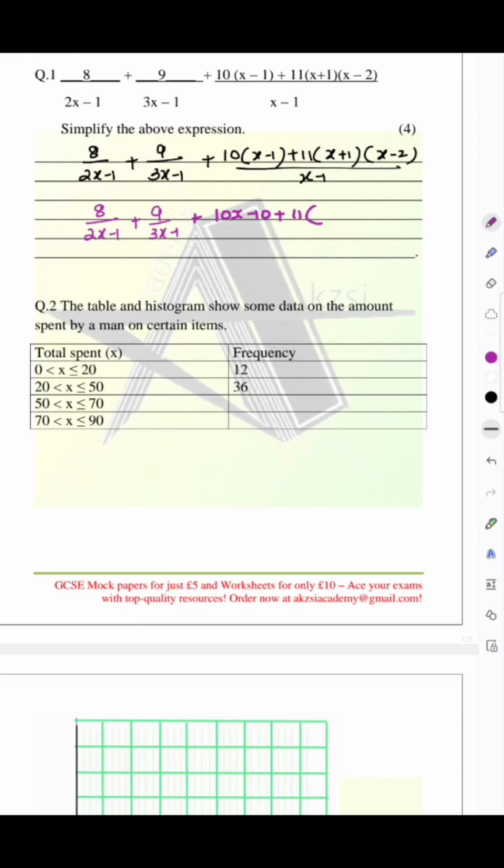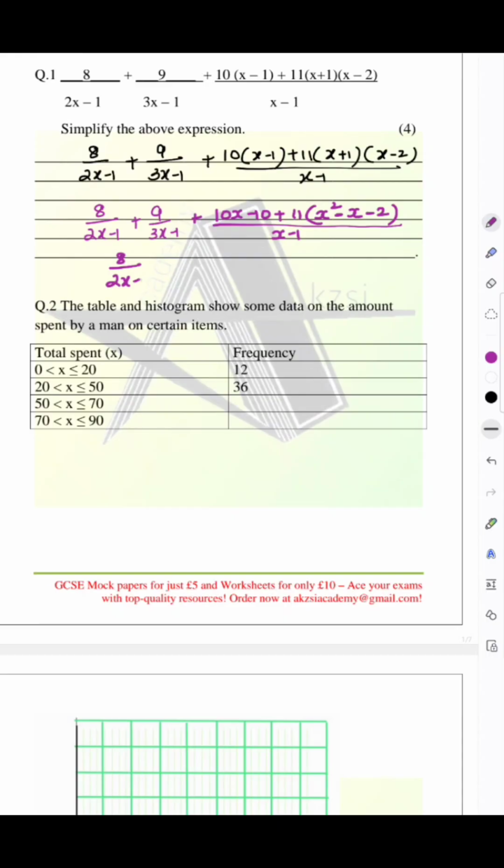Let me expand this bracket, which will give me x squared minus x minus 2. I have done x times x squared, minus 2x plus x, and minus 2. I assume you all know how to expand the bracket, and then over x minus 1.